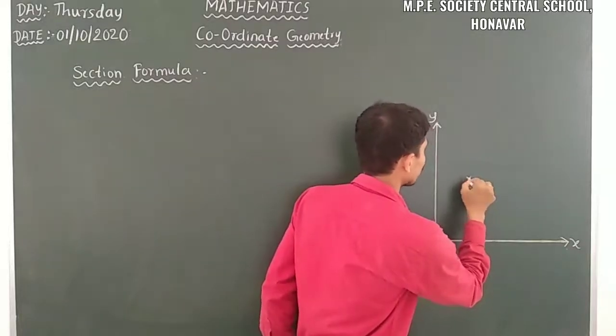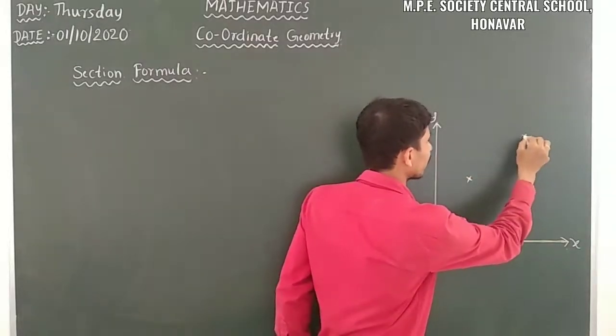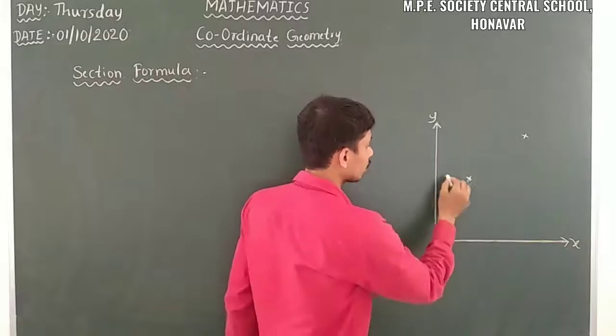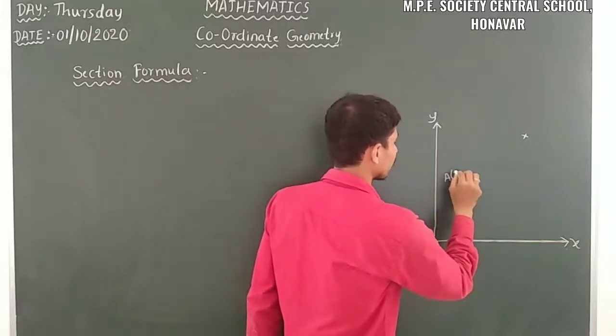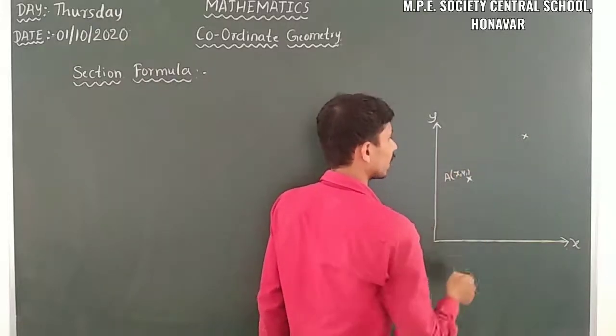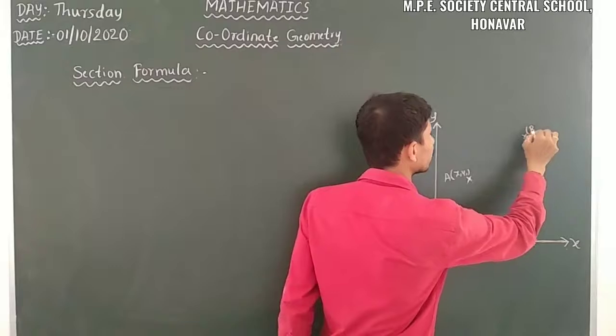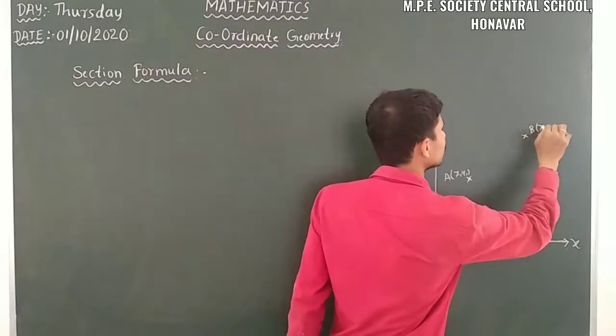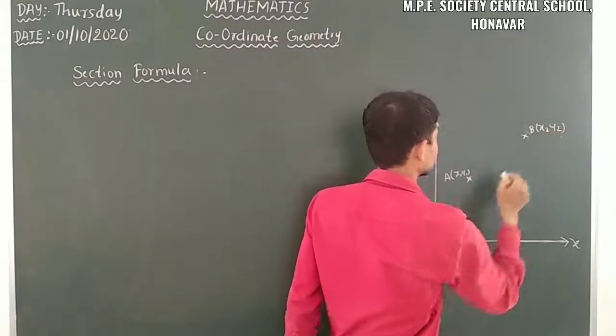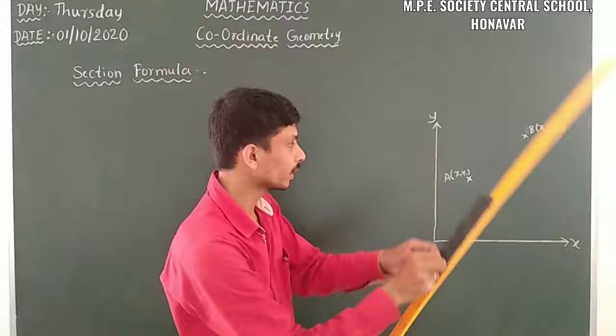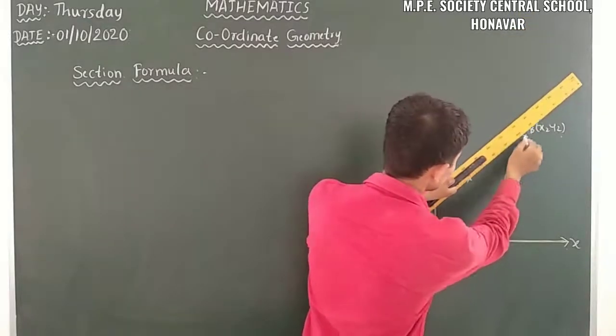I will call this point A of (x1, y1) and the other point B of (x2, y2). Then I will join those two points.